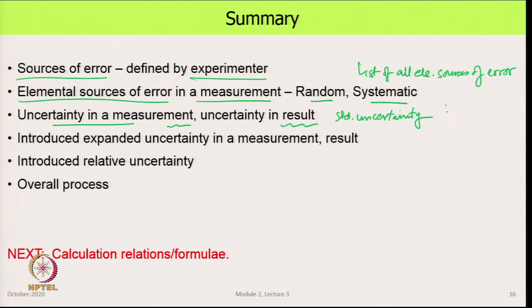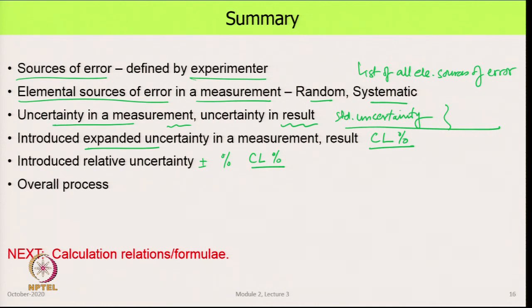And remember, up to this point there is no issue of confidence level. Then we come to the next step, the expanded uncertainty, and this is where we have to decide at what confidence level we report. Finally we can even report it as a relative uncertainty, plus minus so much percent at a certain confidence level. So, this is our overall process.